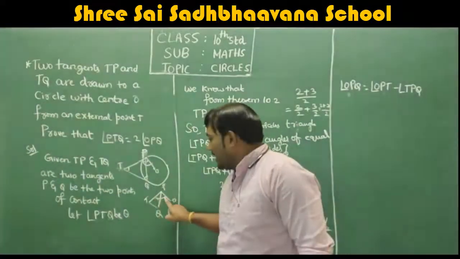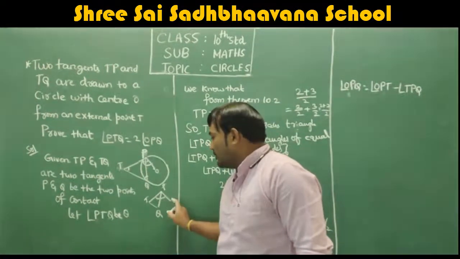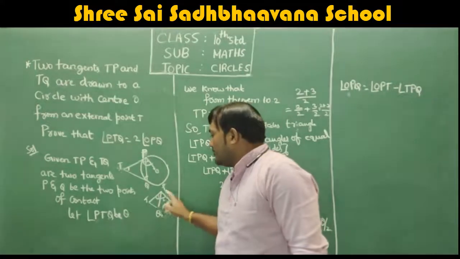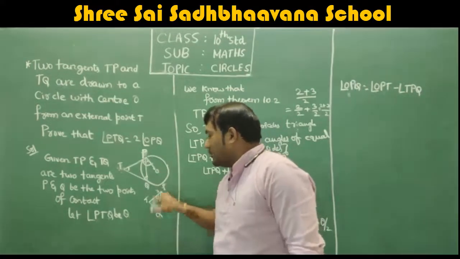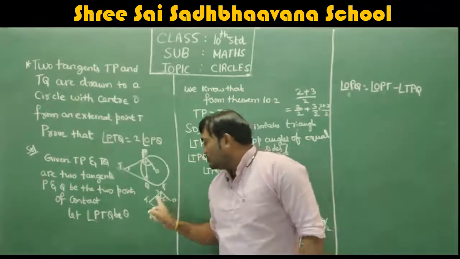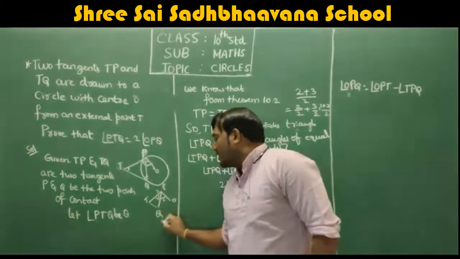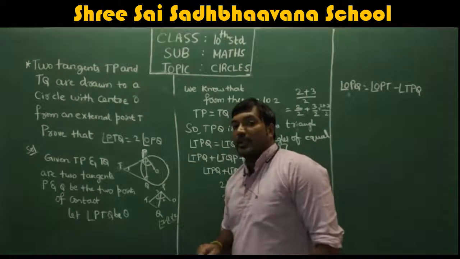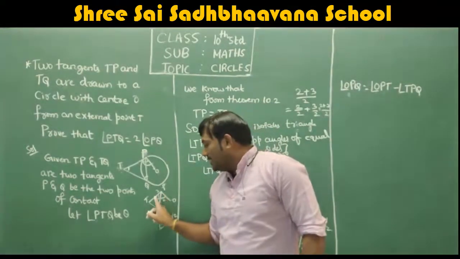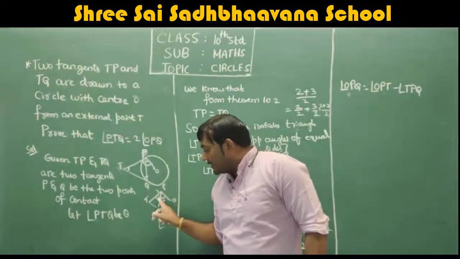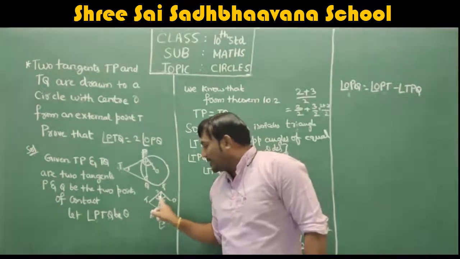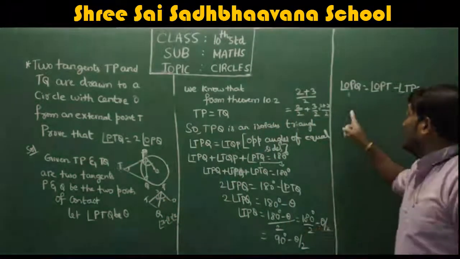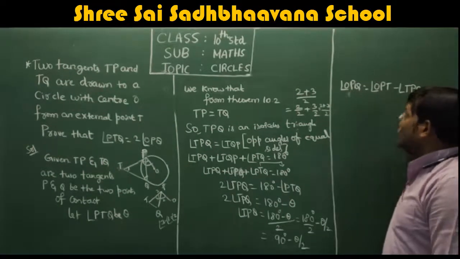OPT means full angle. Take this as 1, 2. We need this angle. Take the full angle as 3. We need 2. So full angle is 3. Can't you write 3 minus 1 as 2? So full angle is OPT. In that, this 1 which is TPQ, I am subtracting, which will give you OPQ. Same way I did here. So angle OPQ is OPT minus TPQ.